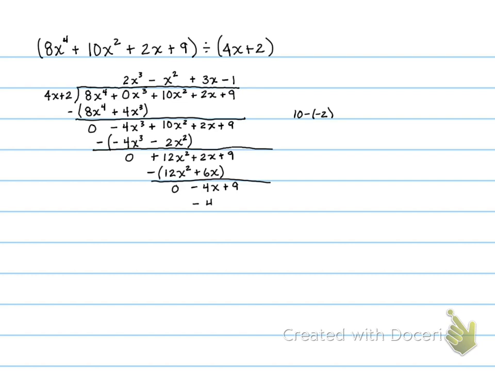So negative 4x and then minus 2. 9 minus negative 2 is a positive 11. And so we have plus 11 over 4x plus 2.